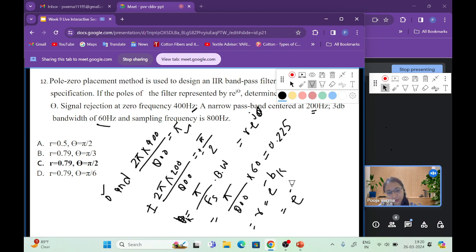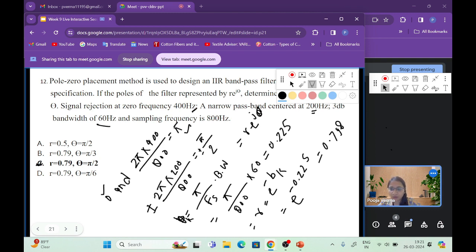So e to the power minus 0.225 gives 0.798. So we have found r is 0.798. There are three options, and r is equal to 0.79. The poles are placed at plus minus pi by 2, so theta will be the angle pi by 2. So the correct option is option C.